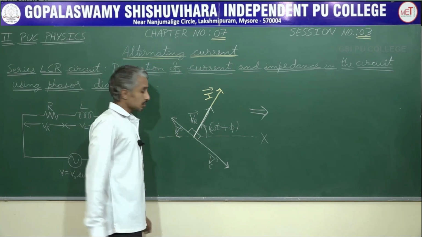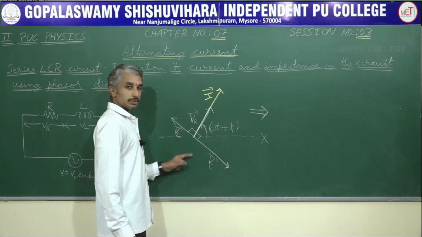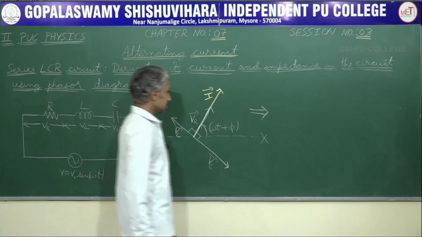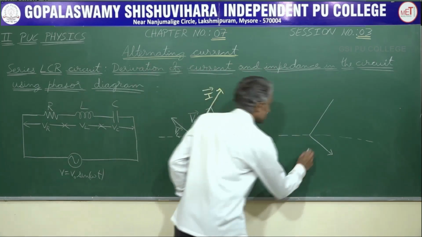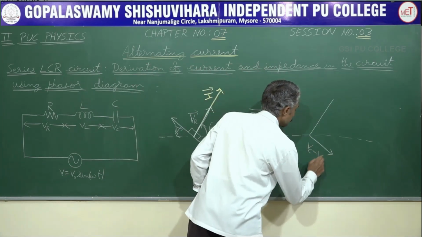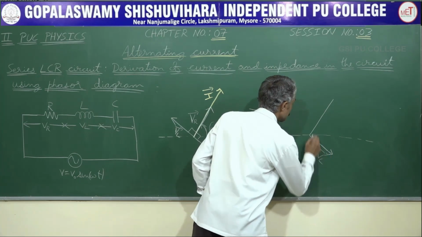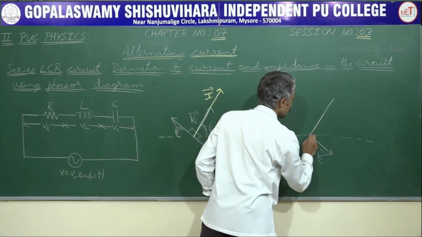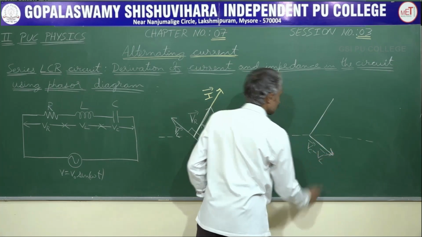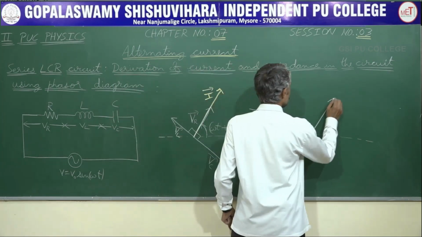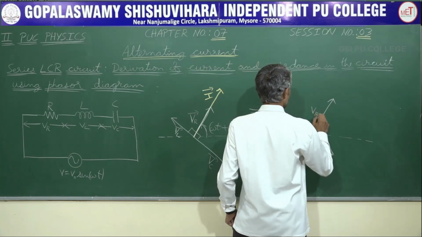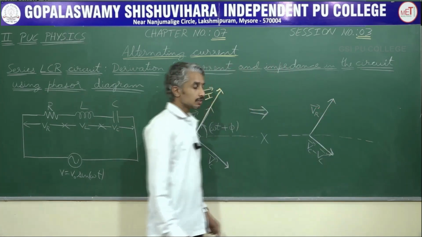The diagram for the voltage can further be simplified. VL and VC are opposite to each other, so you can take the difference between them. So VC minus VL will be the new vector here, and this is the same VR.